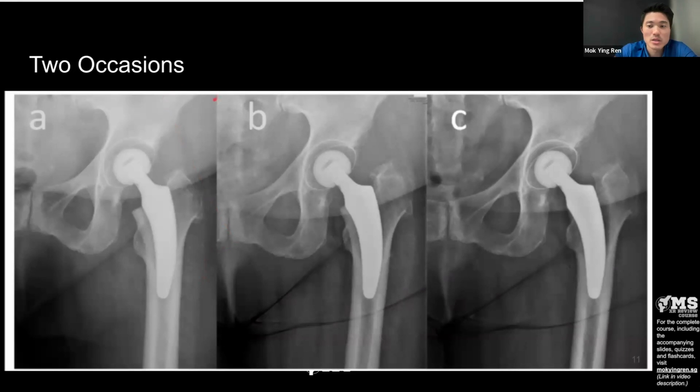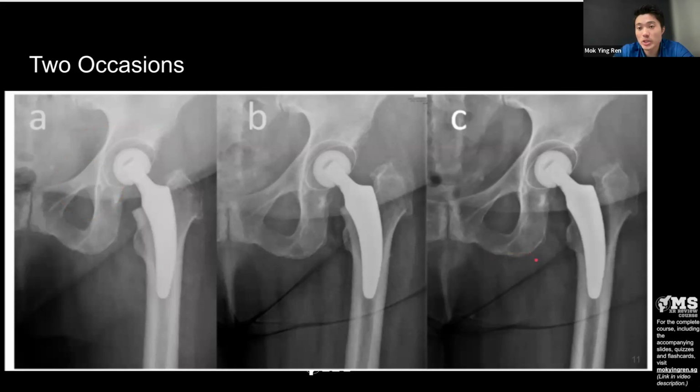Now, the next principle is two occasions. Over here, it is an X-ray of a total hip replacement. Immediately post-operative, you can see the beautiful X-ray, a well-aligned hip with the implant inside too. Over time, 10 years later, the patient presented with pain, and we repeated the X-ray.